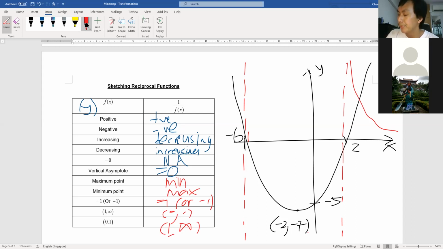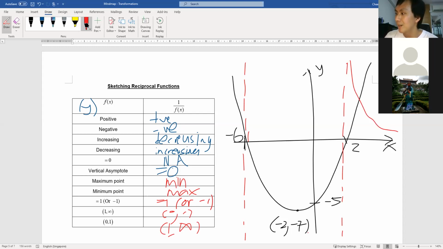Understand? Then you focus on the left arm now. The left arm before -6, is it positive, negative, increasing, or decreasing? Positive, decreasing. So the reciprocal must be positive and increasing. Cannot say opposite, because opposite means it should be negative.